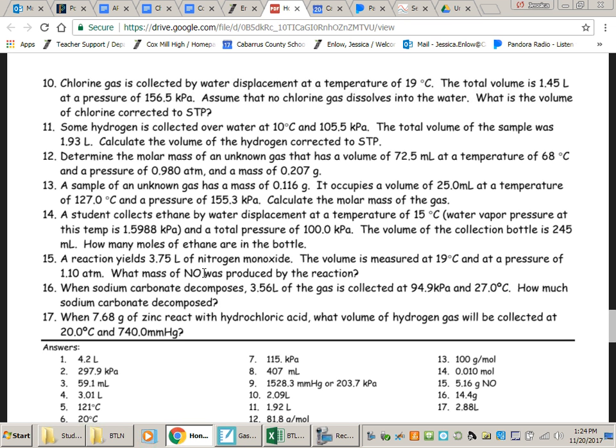101. Oh! It's 2.09. Up there, it just says... Wait, so you said 3. Oh, you said, alright, that's right.